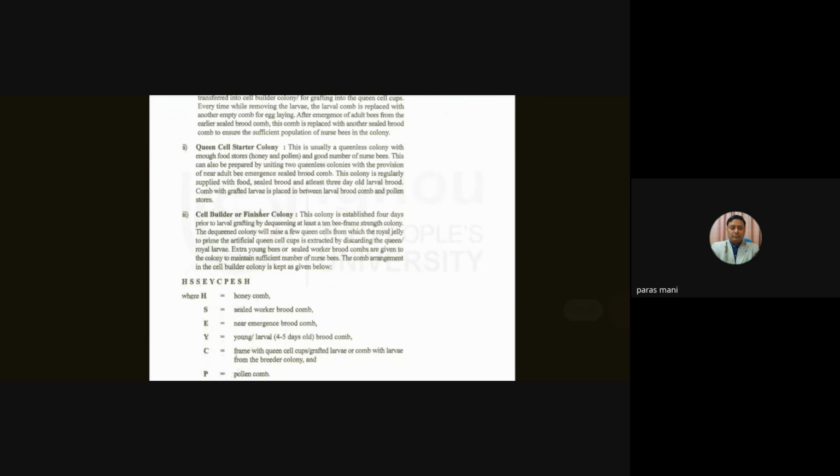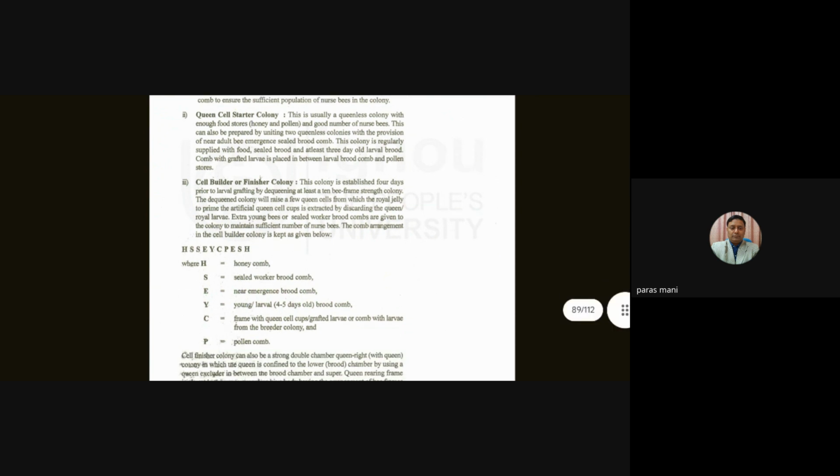And the cell builder or finisher colony is a colony where the queens will be transferred. If the queen is not functioning well, such queens will be removed, dequeened, just 3 to 4 days before the larva from the queen cell starter colony will be grafted and transferred to the finisher colony or cell builder colony.